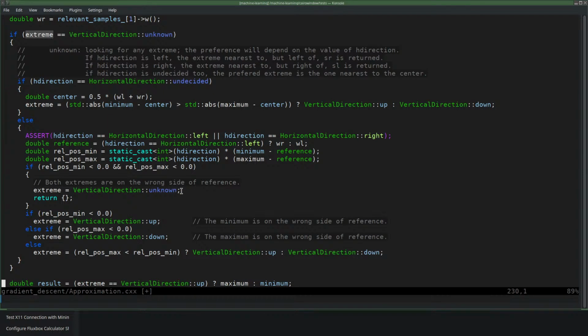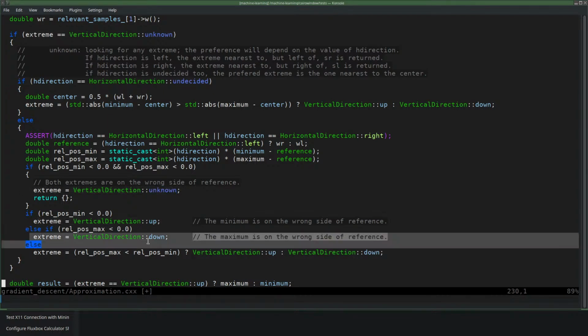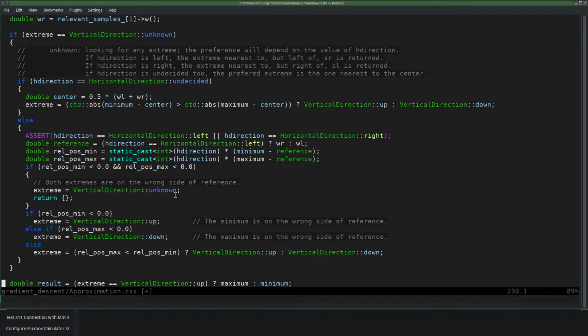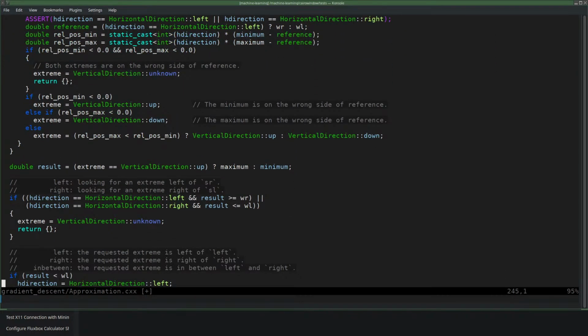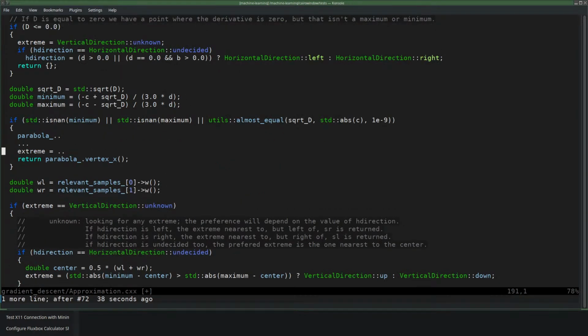This is what we want to assign if there is no solution. And this is what we want to assign if there are solutions. To go back to the problem.